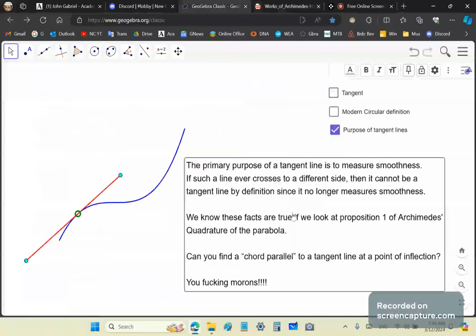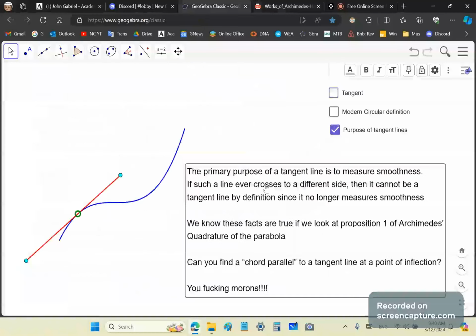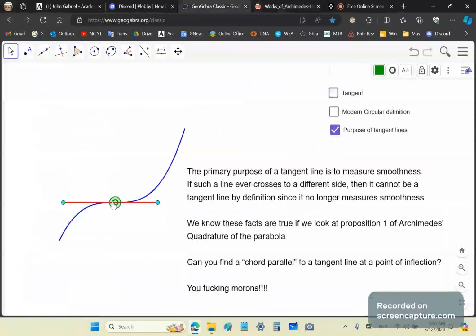So, the primary purpose, to summarize, of a tangent line is to measure smoothness. If such a line ever crosses to a different side, like for example, if this line crosses like that at a point of inflection, and by the way, we accept that the point of inflection doesn't affect the smoothness of a curve, okay?